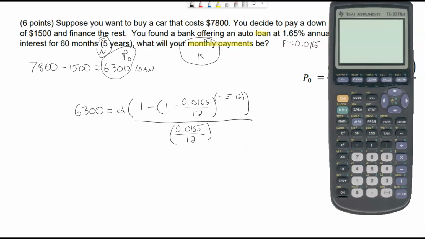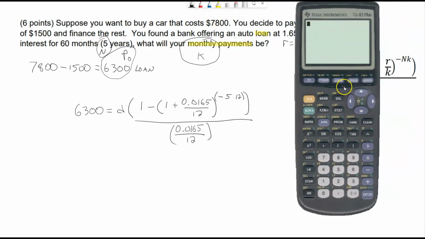Now for the part that tends to be the most difficult, just using the calculator. I'm going to read from left to right, top to bottom. Left parenthesis, 1 minus. Left parenthesis, 1 plus 0.0165 divided by 12, right parenthesis, then an exponent button, left parenthesis, negative. You have to use this negative, not a subtract.